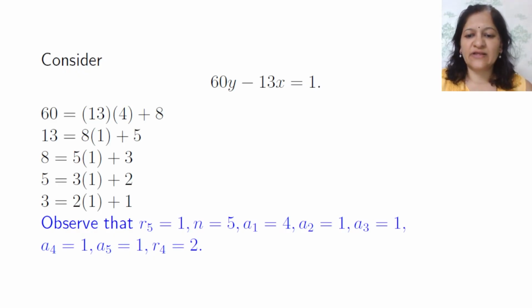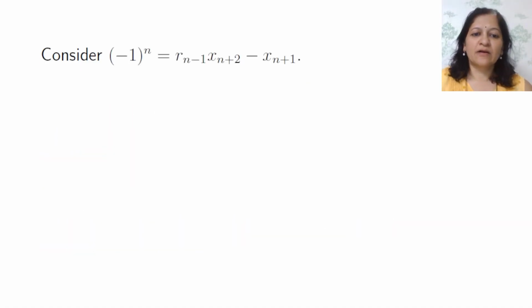So these are A1, A2, A3, A4, A5 and R4 is 2. Now we need all these values in the next step. Consider the equation minus 1 raised to n equal to Rn minus 1 xn plus 2 minus xn plus 1.